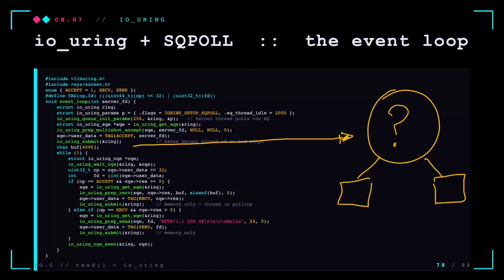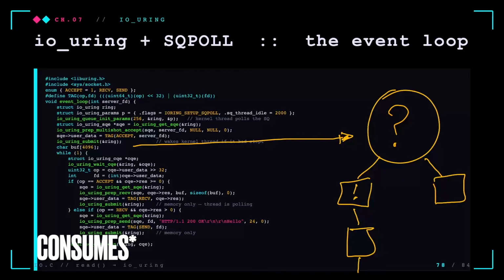If it's not, it needs to alert the thread, and the thread can start processing our work. And because a thread obviously consumes CPU resources, we specify an idle timeout. So if it stays 200 milliseconds without doing any work, then the thread is put to sleep.